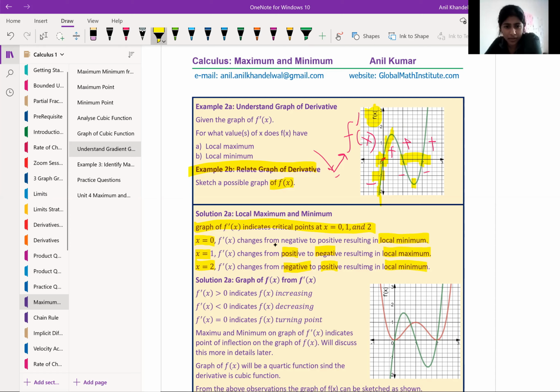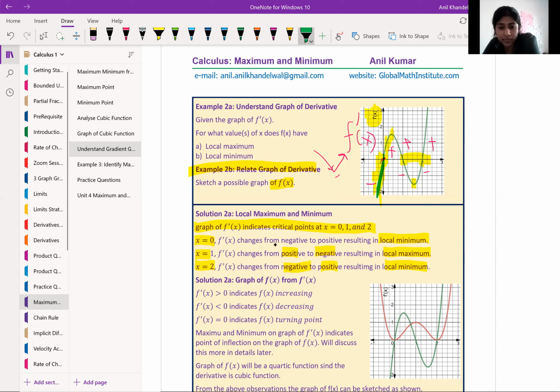Is that clear to you? In this portion of the graph, it is negative. Let me change the color. If I look at this part of the graph, the gradient is negative, below the x-axis. Gradient negative means the graph will be decreasing. So we have already sketched the graph.